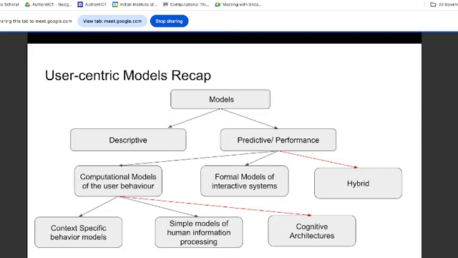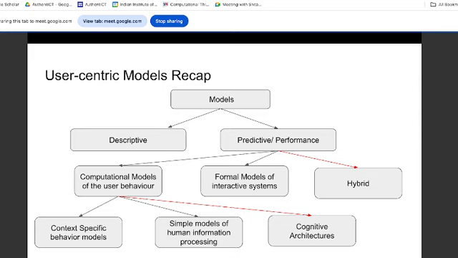In that we studied the different physical motor operators, mental operators, and how to calculate the entire task time. That was all that was done for the simple models of human information processing.